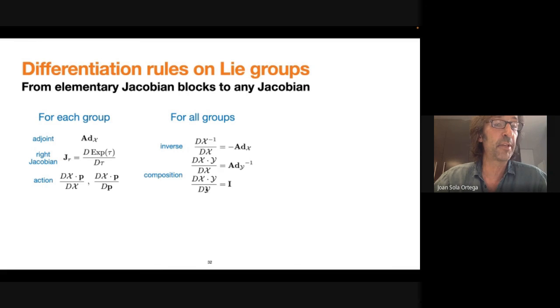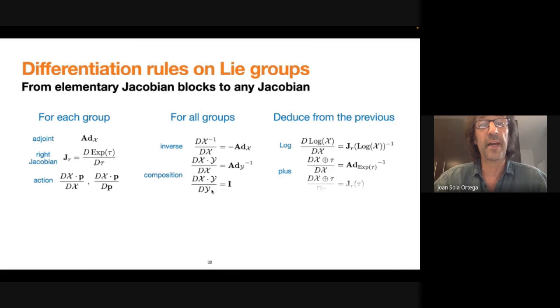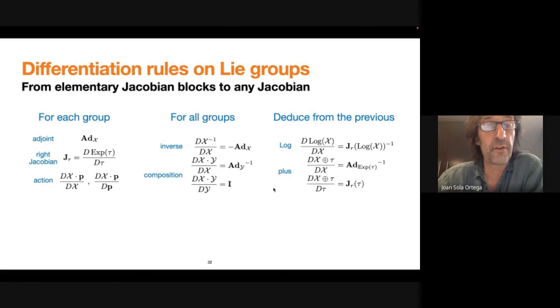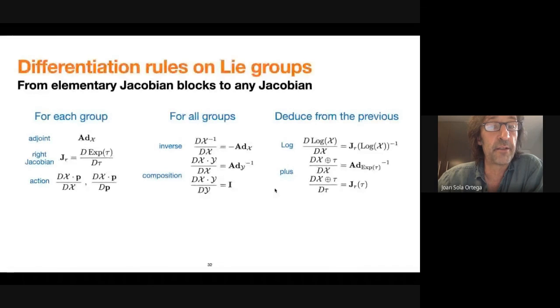These guys have to be computed for each group. These guys belong to all groups. And then other formulas can be derived from the previous ones. So the Jacobian of the log can be derived from these blocks here. So for all groups, you can find a lot of formulas for the Jacobians of the elementary operations.